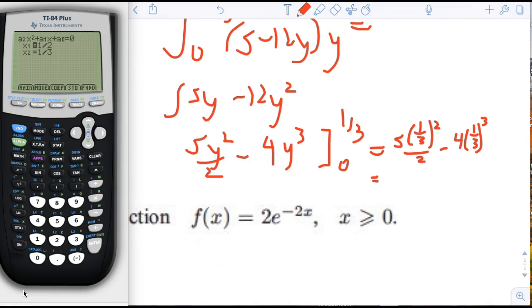And let's see, let's complete this. So we'll have 1/3 squared is going to be 1/9, so 5 over 18 minus 1/3 cubed is 1 over 27, so it's minus 4 over 27ths.